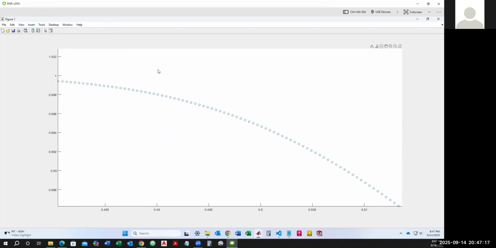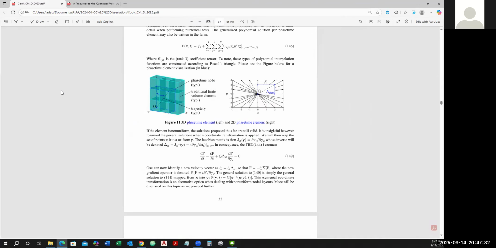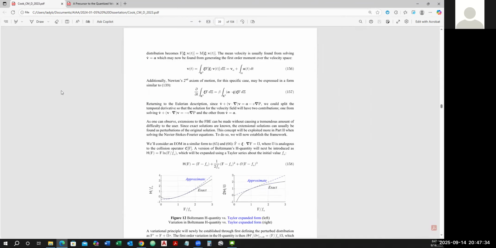This method is also verified in my dissertation. I verify it using two methods, one from the analytical method, and then another from looking at the shock wave speed, because it's actually a constant, as I previously said.